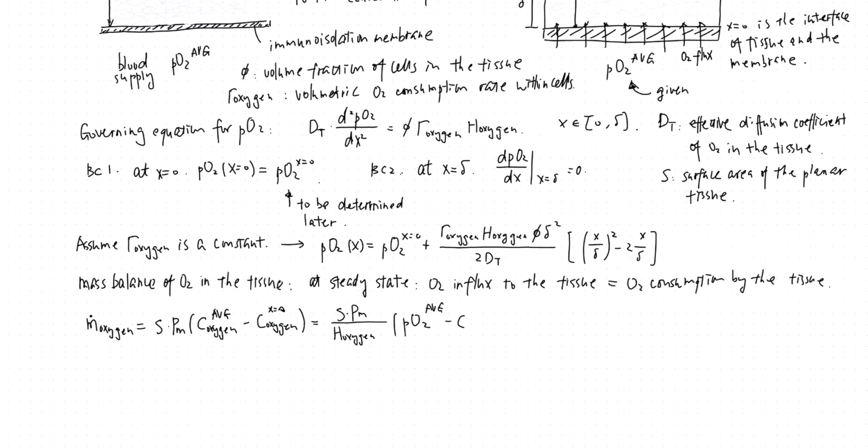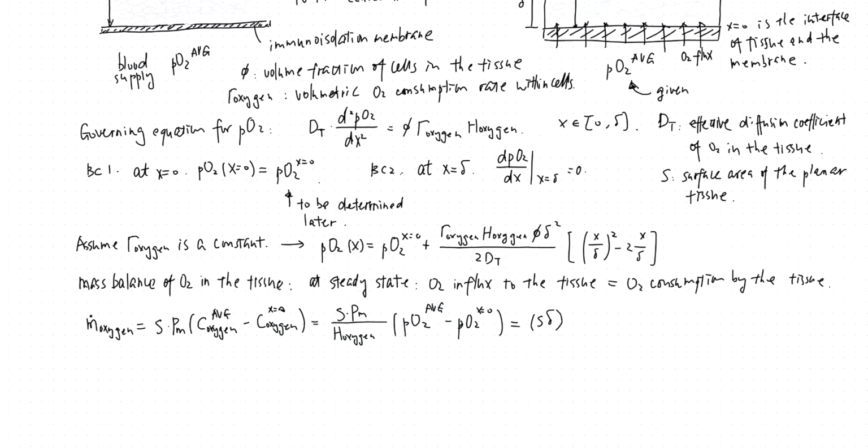So this should equal the consumption of oxygen by the tissue. Okay, the consumption is the volume multiplied by the consumption rate. So the volume of the tissue is S divided by delta. This is half thickness since we are only considering half of the tissue.